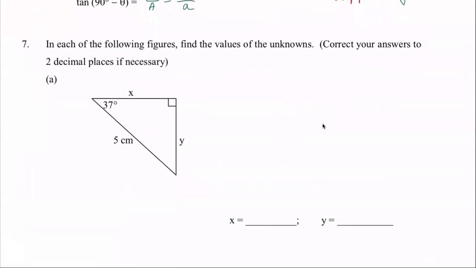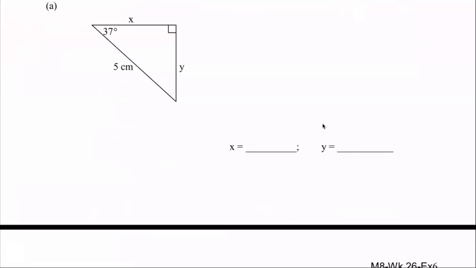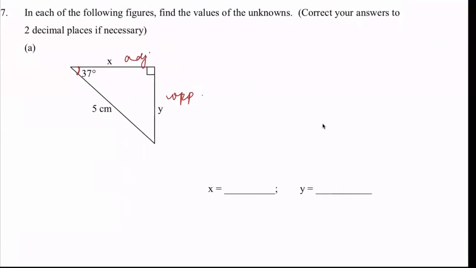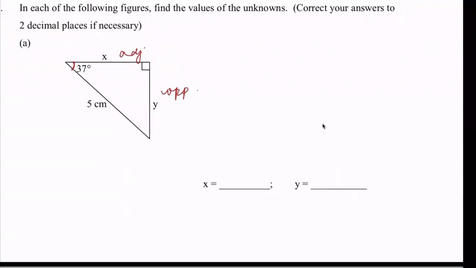Question 7, in each of the following figures, find the value of the unknowns. Correct your answers to 2 decimal places if necessary. This angle is 37 degrees, right? Because this angle is 37 degrees and this is our reference angle, this is the opposite side and this is the adjacent side, and this is the hypotenuse, right?